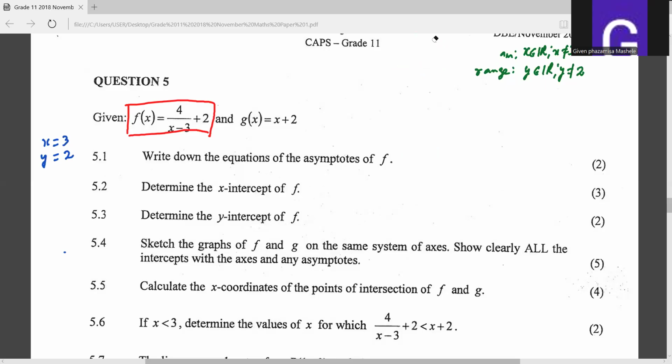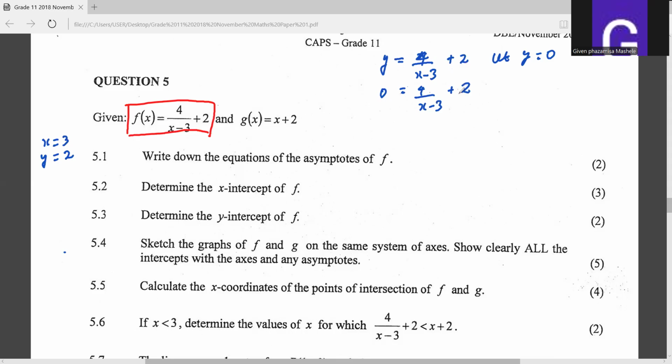Now, the second one says, determine the x-intercept of f. To determine the x-intercept of a function, we have to let y be 0. So we have 0 equals 4 over x minus 3 plus 2. We want to make x the subject of the formula. We transpose 2 to the left-hand side. This will be minus 2 equals 4 over x minus 3.